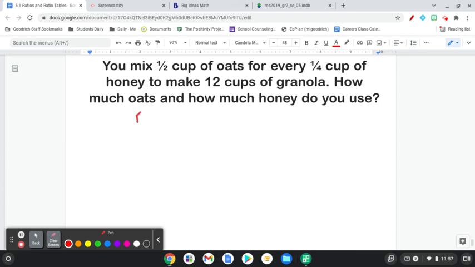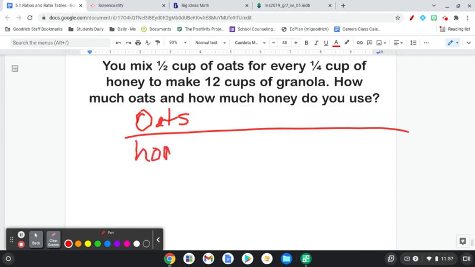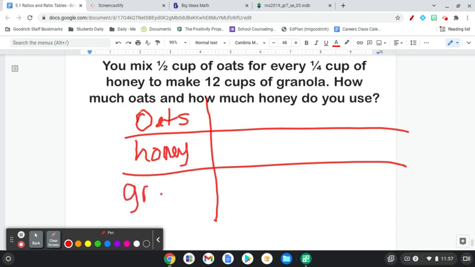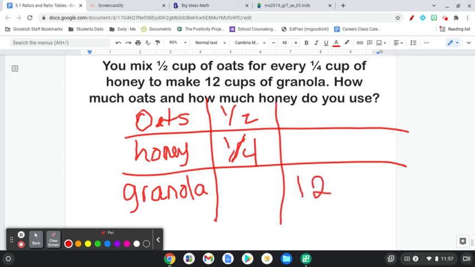So I have my oats, I have my honey, and I have my granola. I have 1/2 cups of oats, 1/4 cups of honey, and my goal is to get to 12 cups of granola.